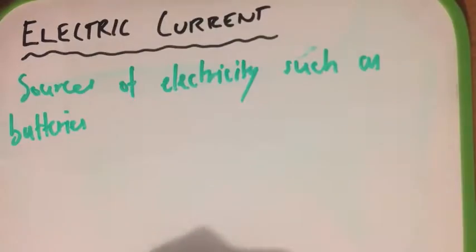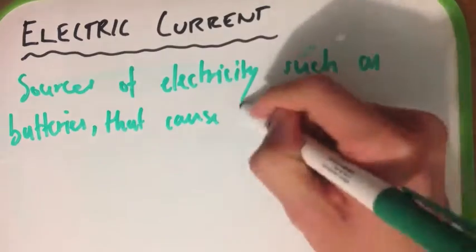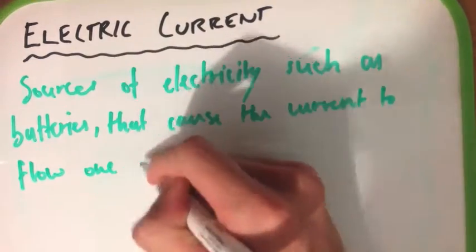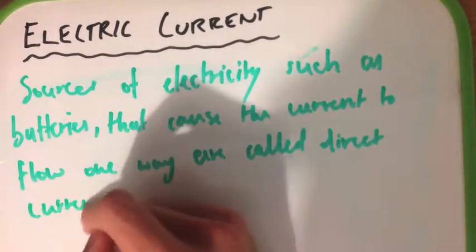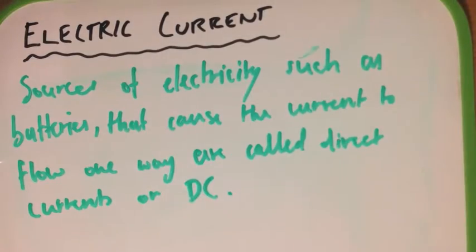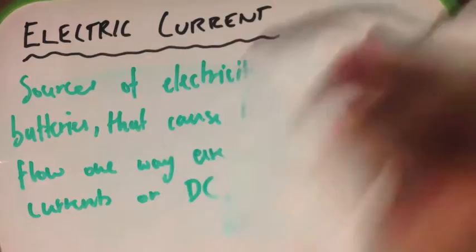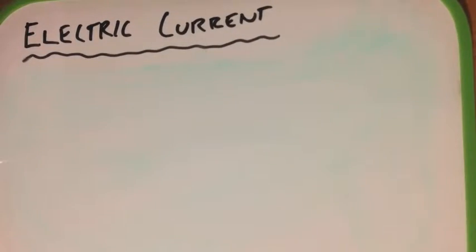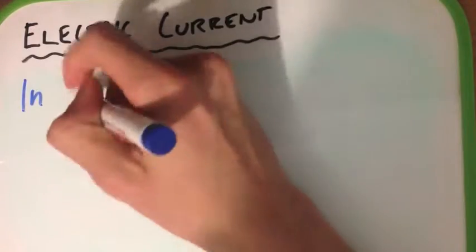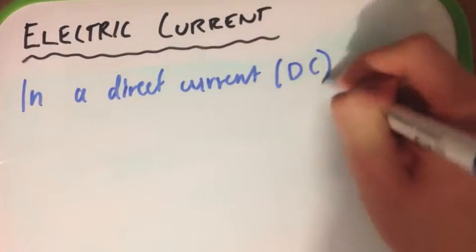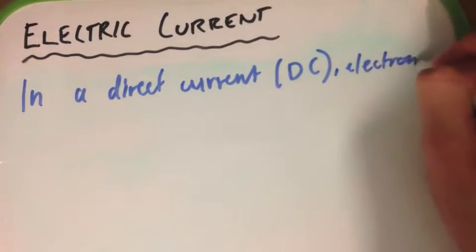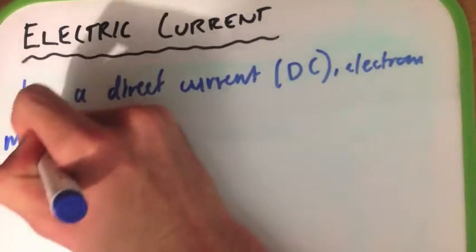Sources of electricity such as batteries that cause the current to flow one way are called direct currents or DC. In a direct current, electrons move from negative to positive.